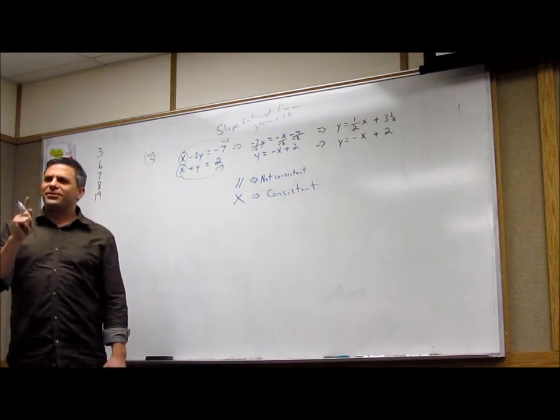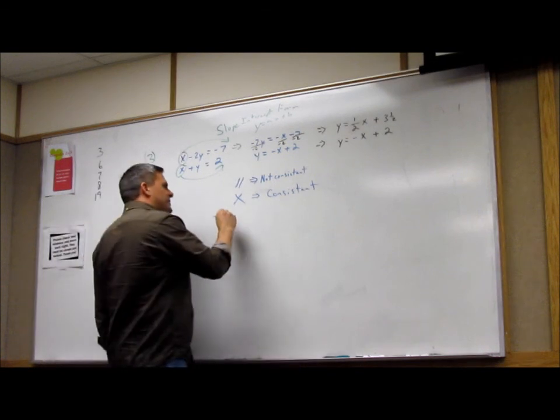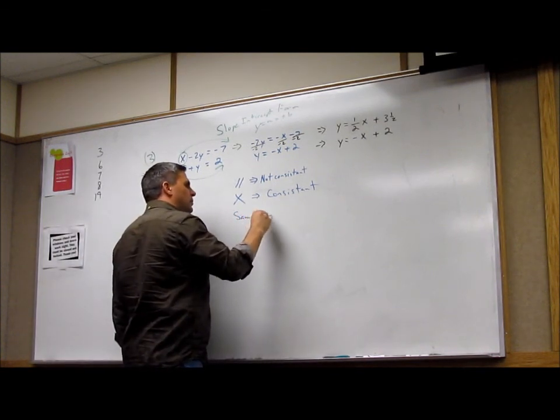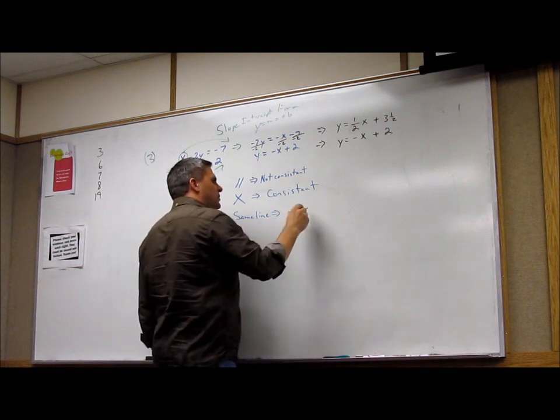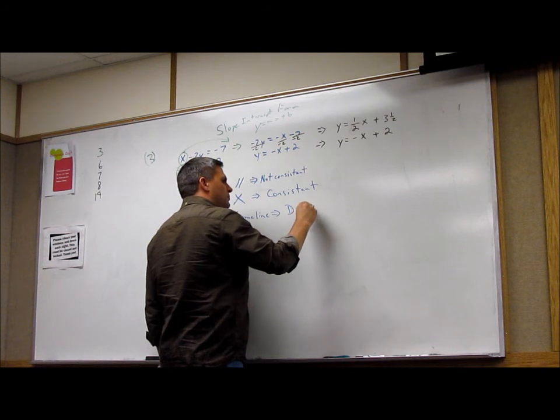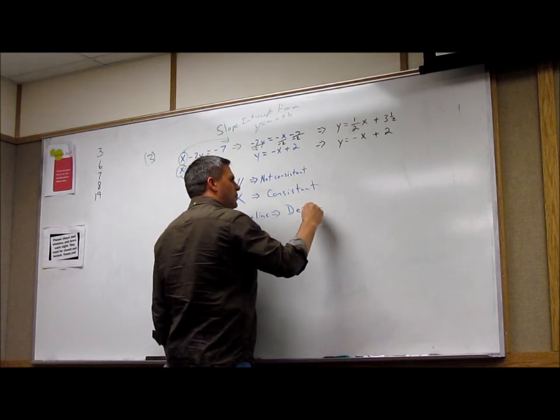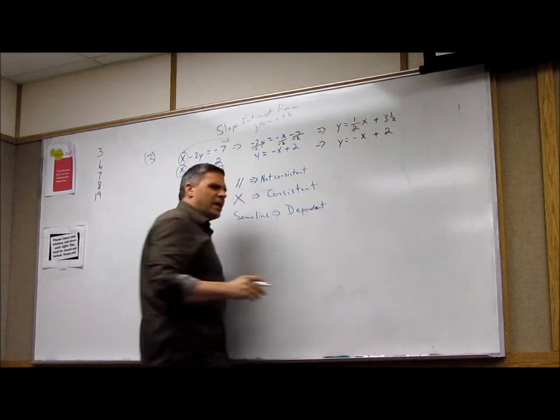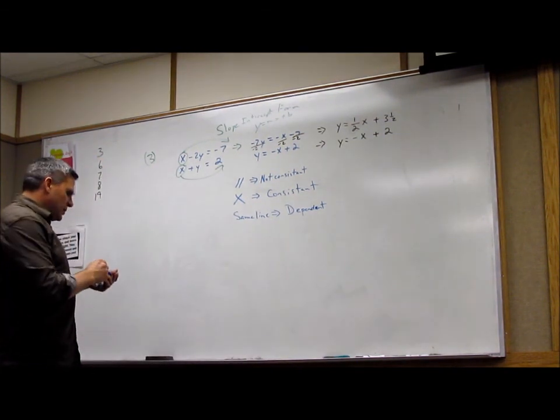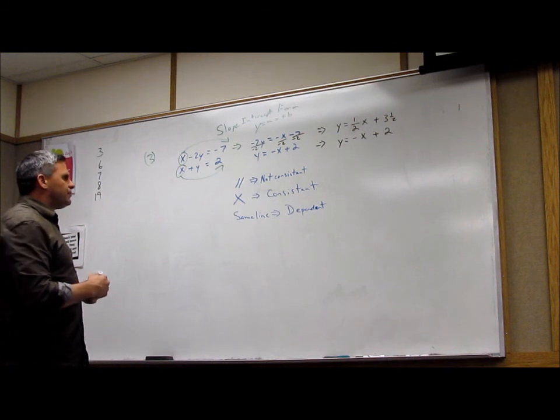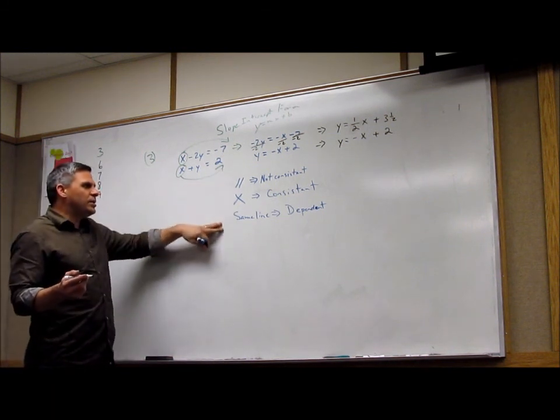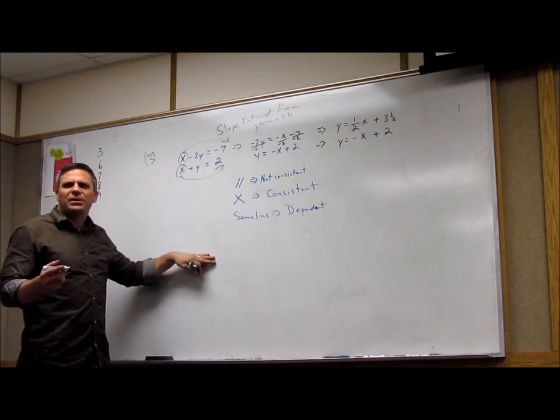Oh, one final thing. If they are the same line, that implies that they are dependent. Okay, so first of all, we need to know what makes these things happen.